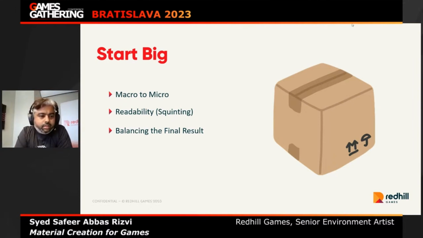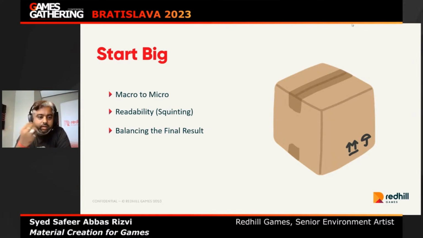Okay, this is a practice that's very common everywhere: always go macro to micro. I think I already explained it in a previous slide, but I cannot emphasize it more because it is really important. Always go macro to micro. Never try to put details at a very early stage, because there are multiple reasons behind it.